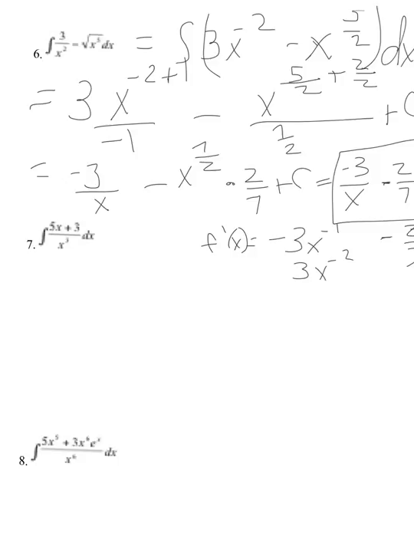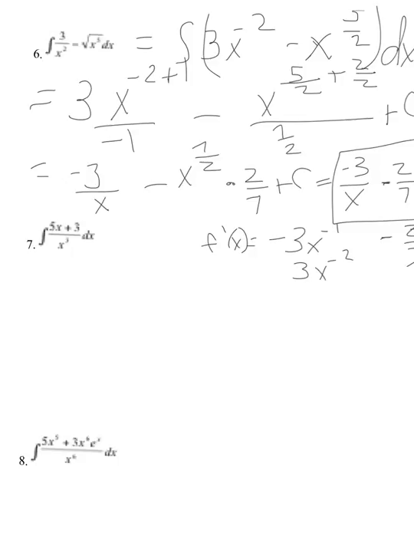These are going to reduce down, and I would have minus x to the 5/2 power, which if I went back to radical form would be minus square root of x to the 5th. So we can use differentiation to double check it works. Are we okay?